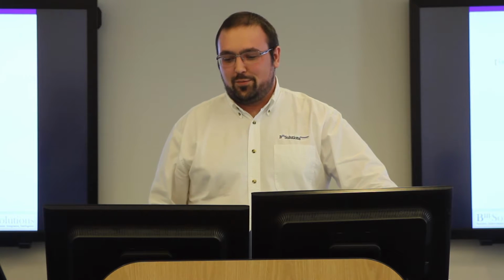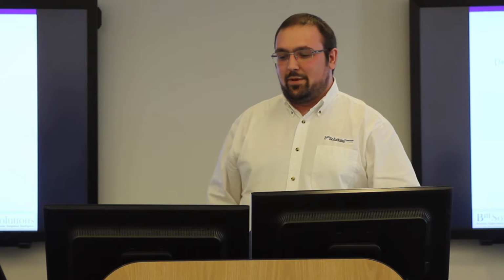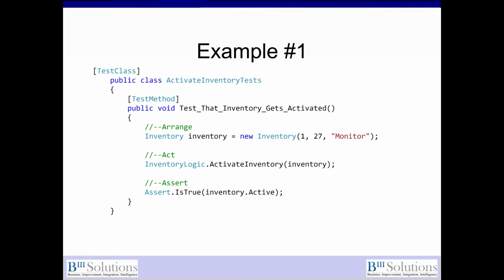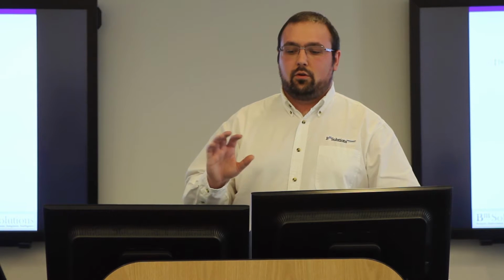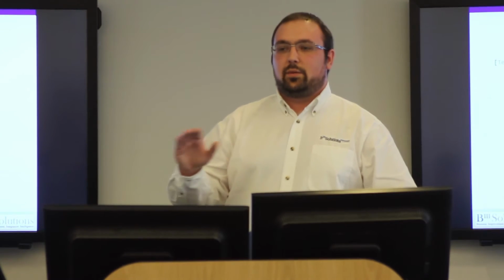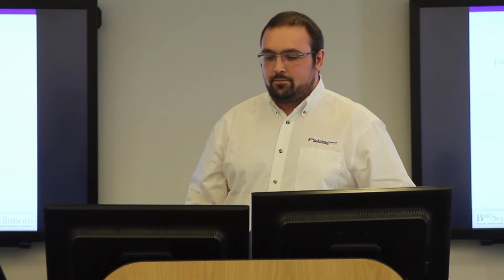Here's our first example, and this is a unit test method that actually does something. You can see at the very top the name of this class is Activate Inventory Tests. Again, there are a lot of conventions as far as naming goes. Basically what you want to go for is consistency, because you want to make it easy for you and other developers on your project to know what is what.